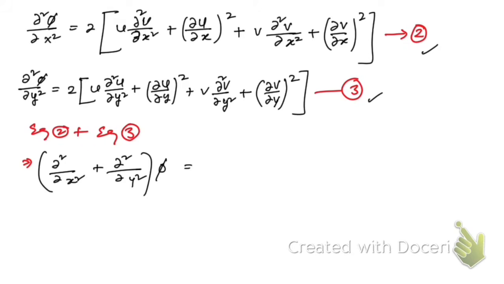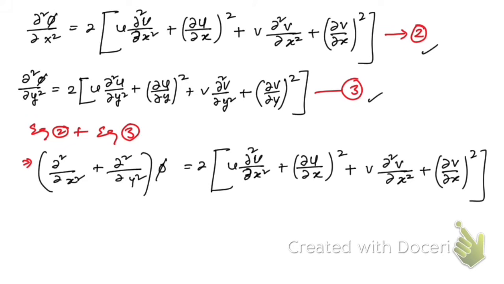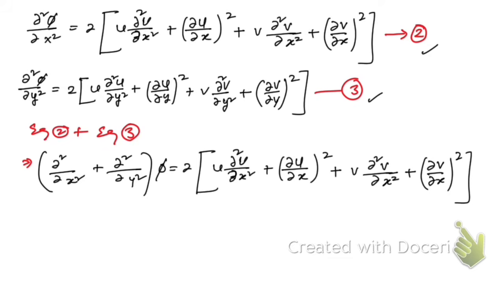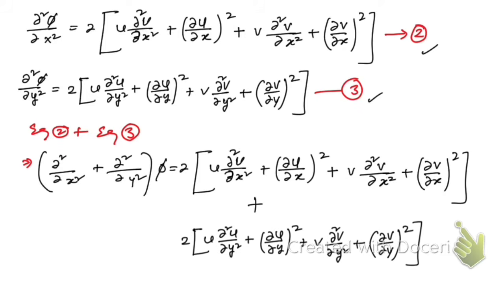Just give me a second, let me copy this. Okay, so this is what you can have. Then let me rearrange it. Then plus, then right hand side of equation number 3. Okay, so we can add this way.